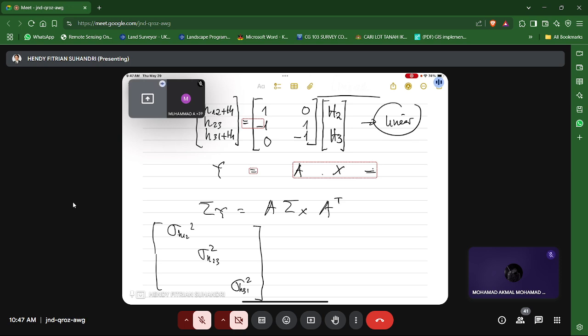Actually, this is only one quantity. So here we have equals A.